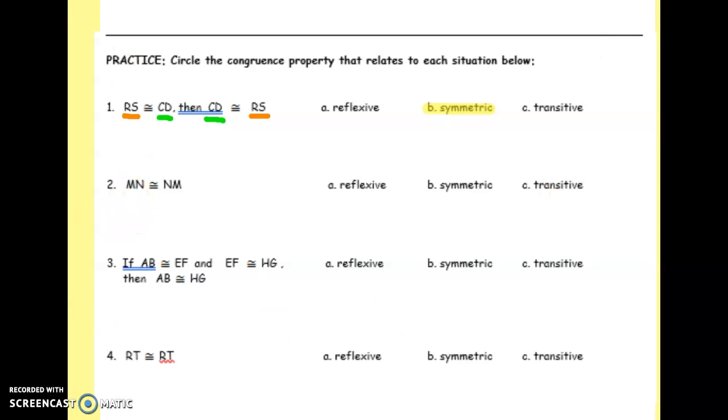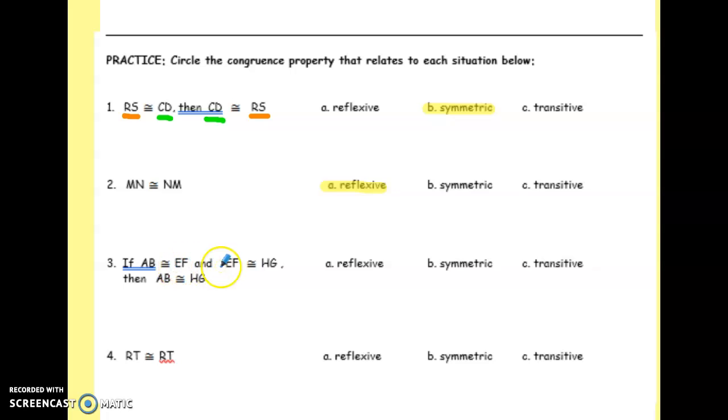Look at number 2. So it's congruency statement MN, NM. So I am switching the order of my letters. So that would be reflexive. And again, when you're doing this for practice, you're going to have those rules to look at. So this is a little bit more off your memory while we're talking through it, but you're going to have an opportunity to look back at those examples when you complete the practice activity.